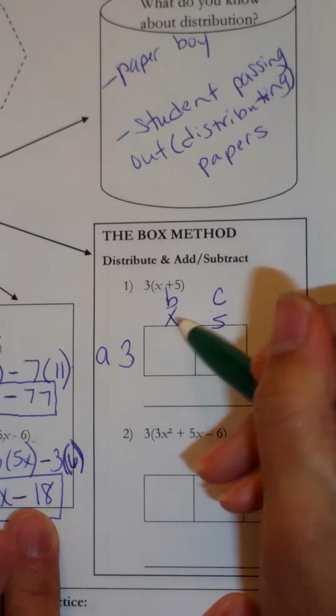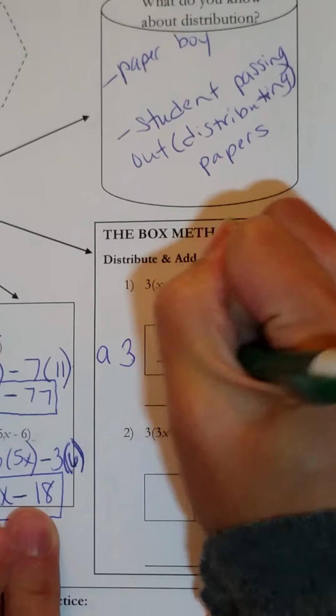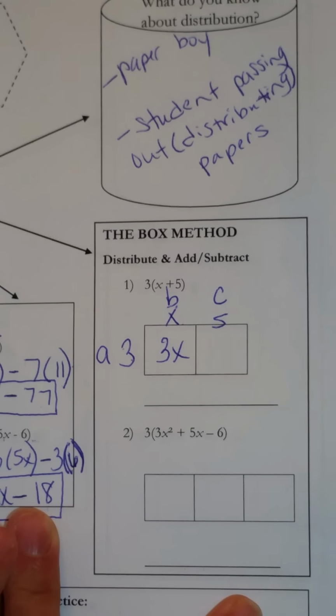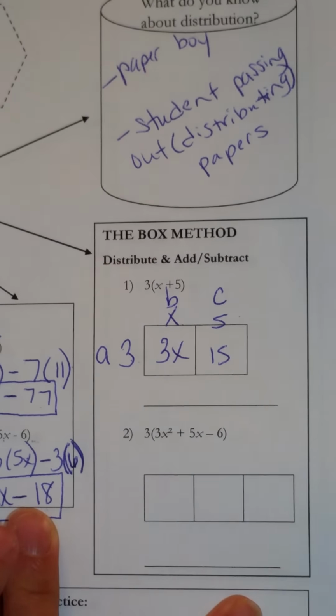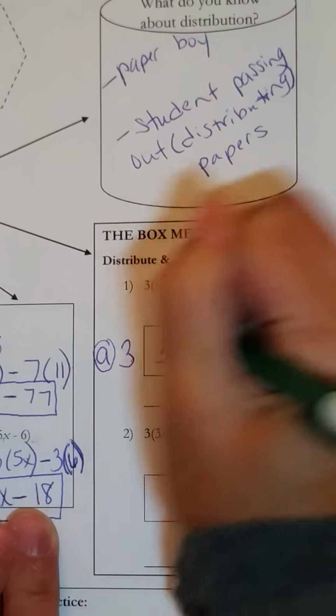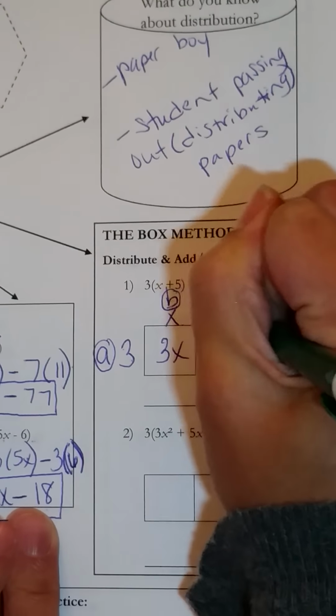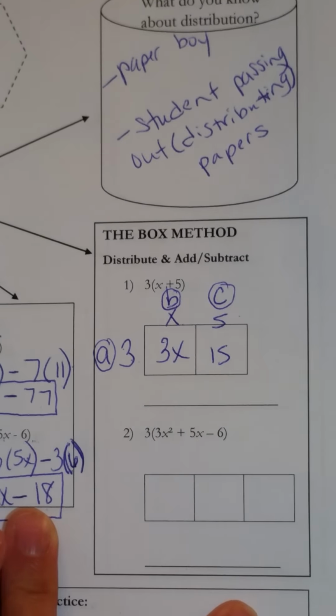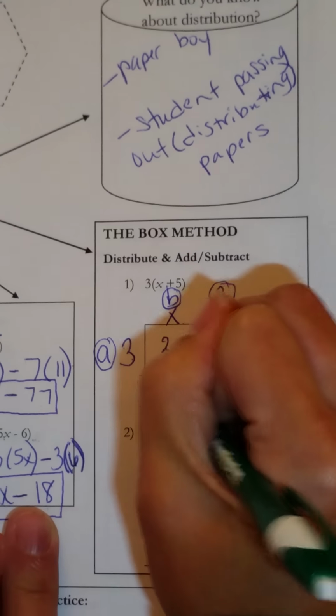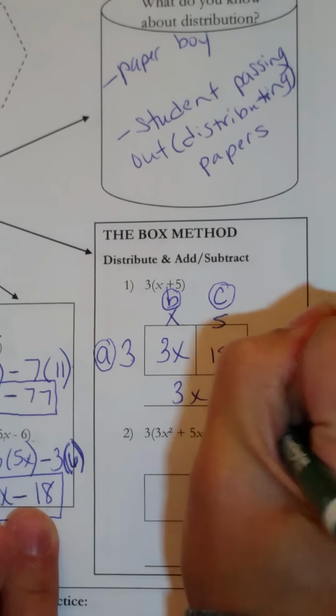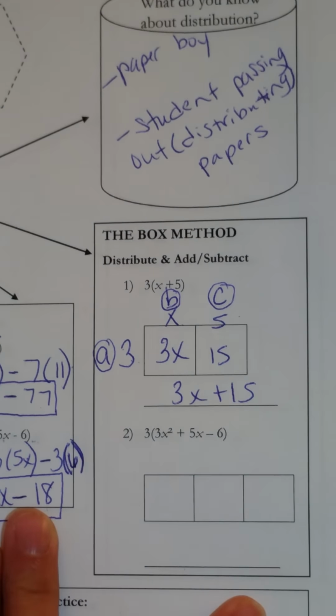So that means 3 times X, 3X, and then 3 times 5, 15. I'm going to circle these so you know that they're not actually part of the X and 5 and 3. So then you simply write 3X plus 15.